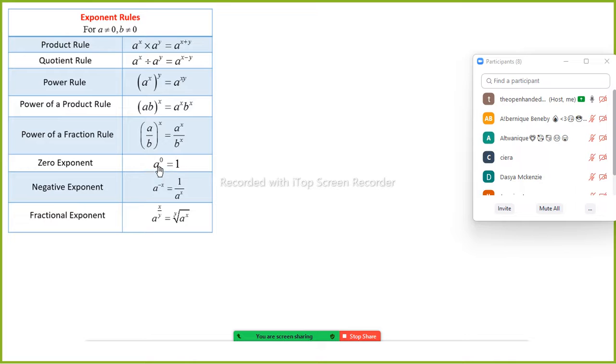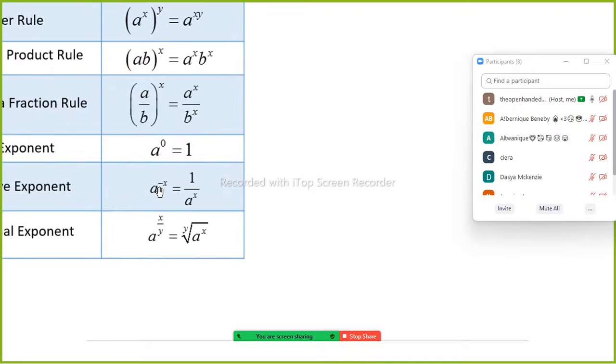This one is a very important one. Some of you may not be familiar with it, but it says that anything raised to the power of 0 is 1. All right, so anything raised to the power of 0 is a 1. That's the zero exponent rule. This one says that if I have a negative exponent, so for example, negative x, I can write that as 1 divided by a to the x without the negative.